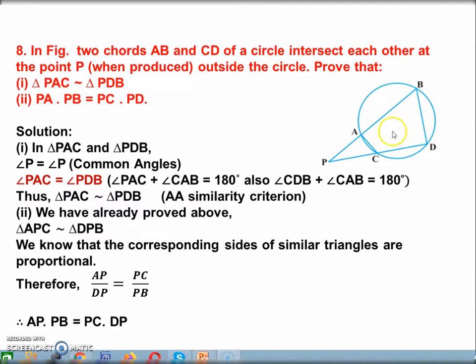So these two angles' sum is also 180. So angle PAC and PDB will be equal. Two angles are equal, which means triangles are similar. And if triangles are similar, the ratio of their sides is proportional. So AP by DP is equal to PC by PB, and when you cross multiply, you will get the required result.